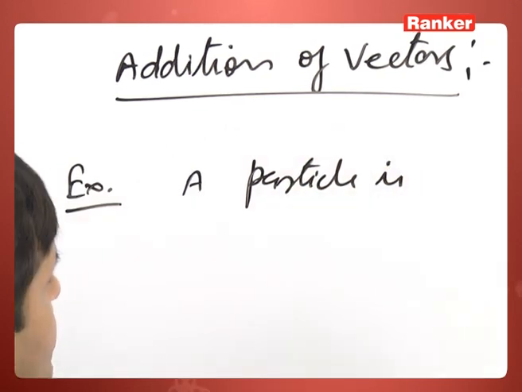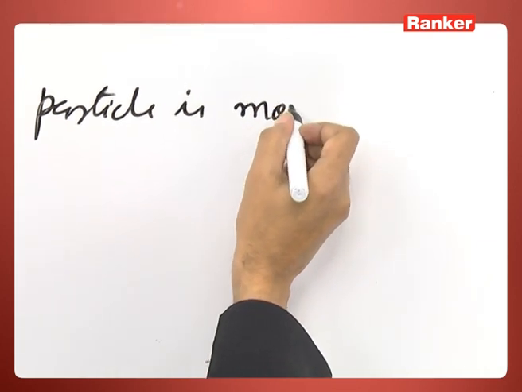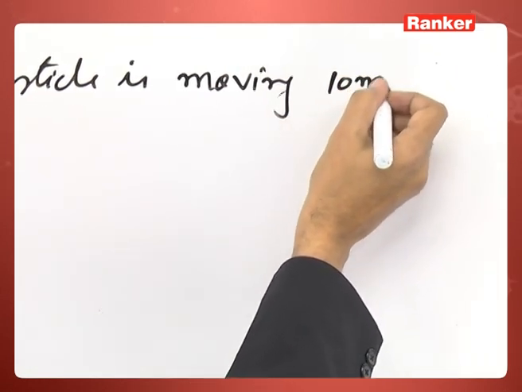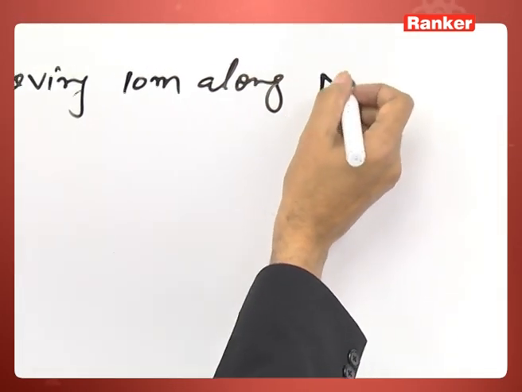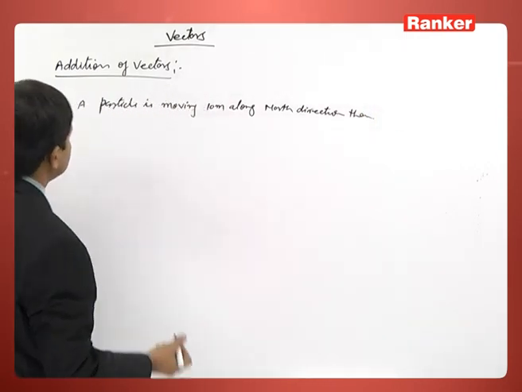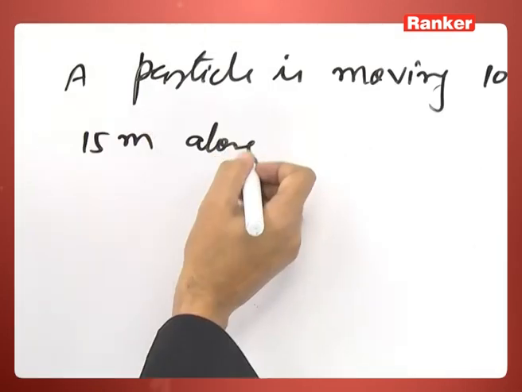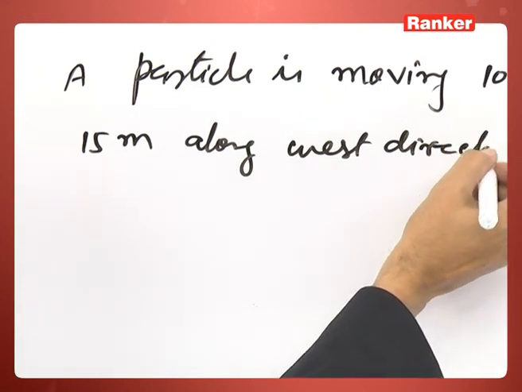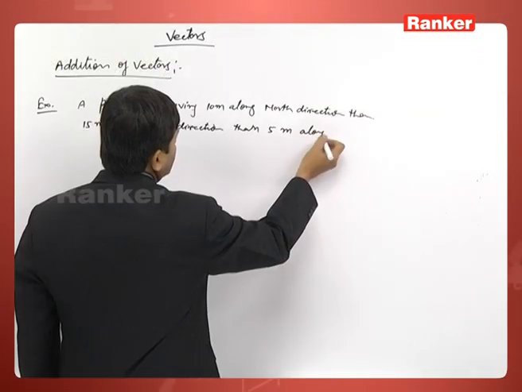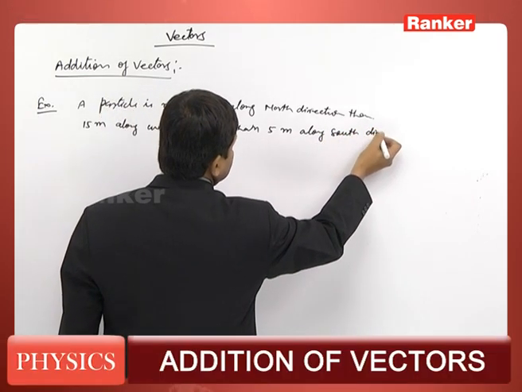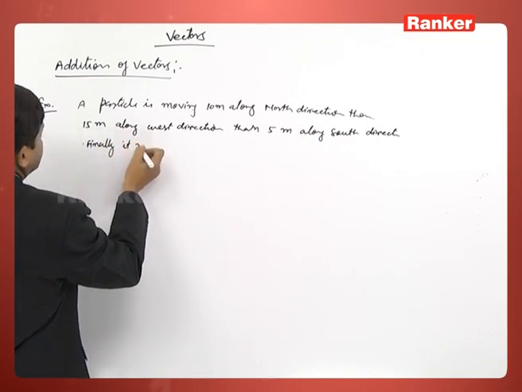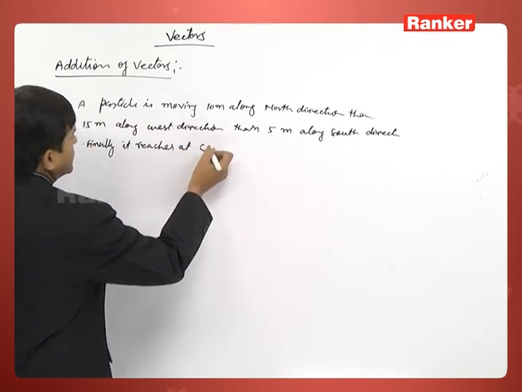A particle is moving 10 meter along north direction, then 15 meter along west direction, then 5 meter along south direction, finally it reaches a certain position, at a certain point.